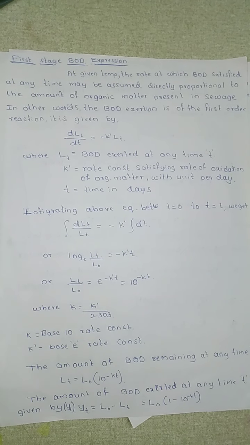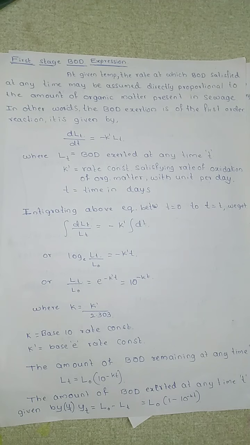Now at a given temperature, the rate at which the BOD is going to be satisfied at any time may be assumed to be directly proportional to the amount of organic matter present in the sewage.